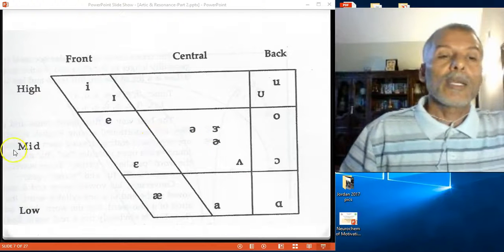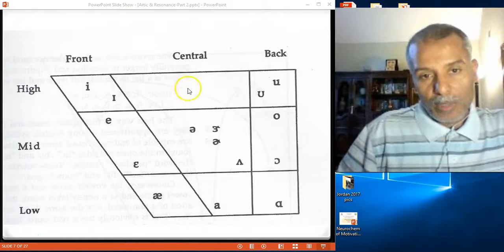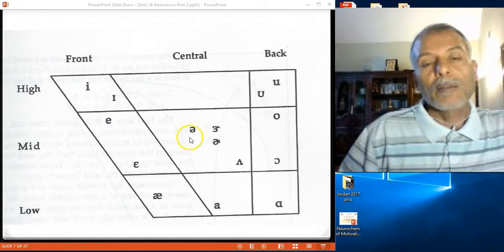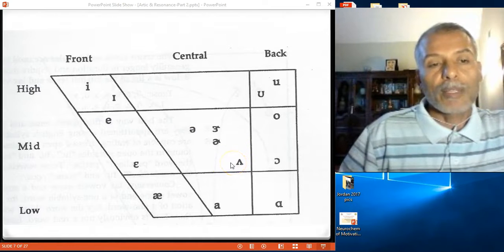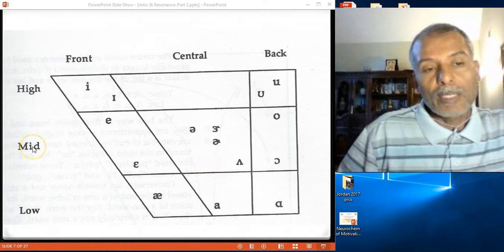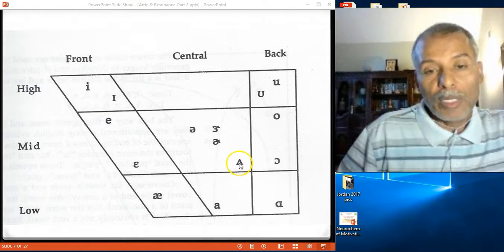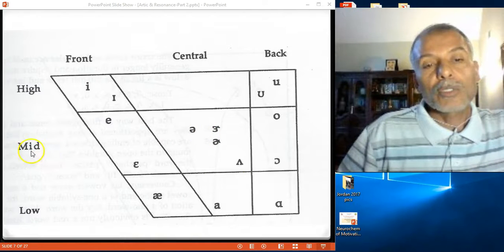So let's describe them. The schwa is a mid, central, unrounded, lax vowel. Let's describe the next one. You will find that they are the same. For this reason, we are going to modify them a little bit. The ʌ is mid, and also central, lax, and unrounded. So how do you differentiate between the ə and the ʌ?